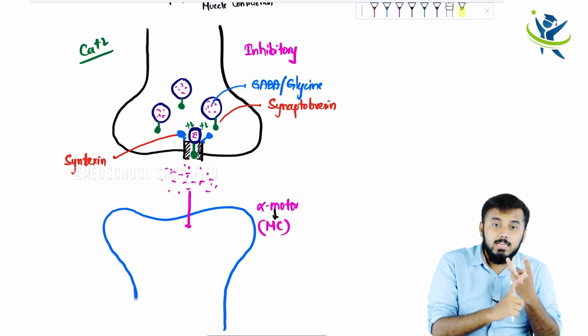One is called tetanolysin, another one is called tetanospasmin.